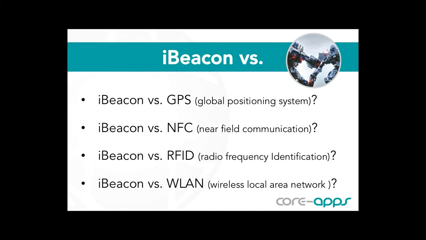But near field communication is really short. If you think of the ranges that I gave you before, it's very much like an immediate range. You do need a device, you do need an NFC reader to make that all happen, as opposed to the iBeacon, which has multiple ranges and does not need all of those other devices except for the actual iBeacon itself.